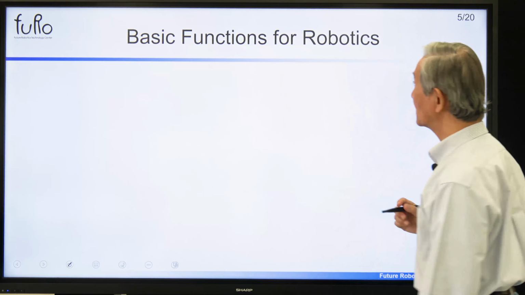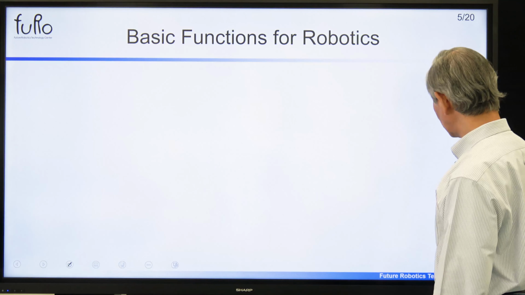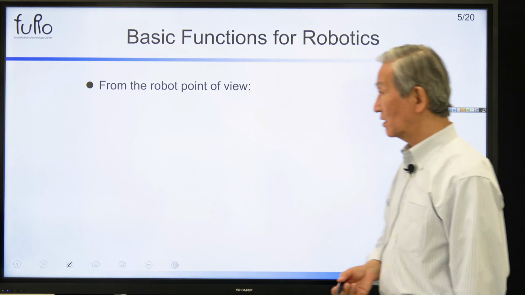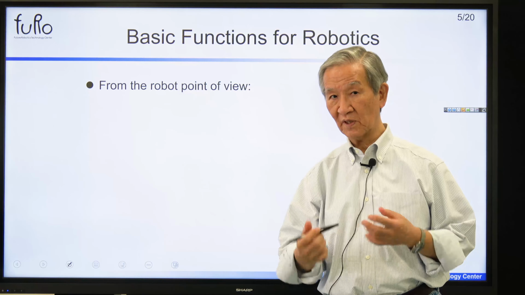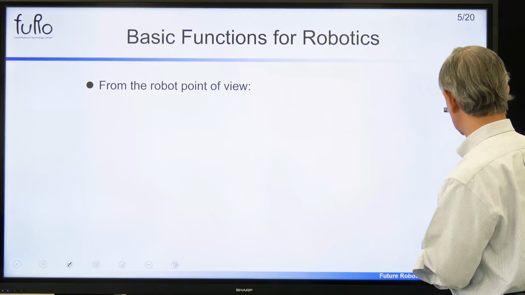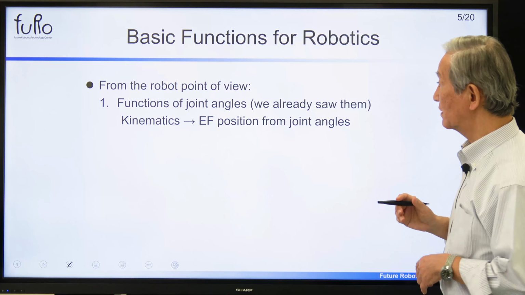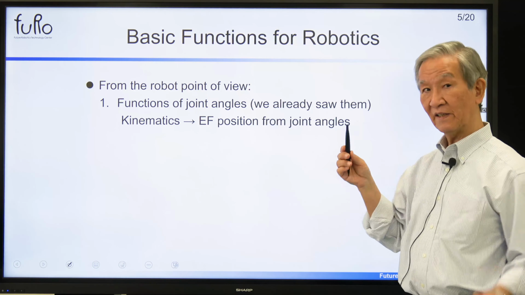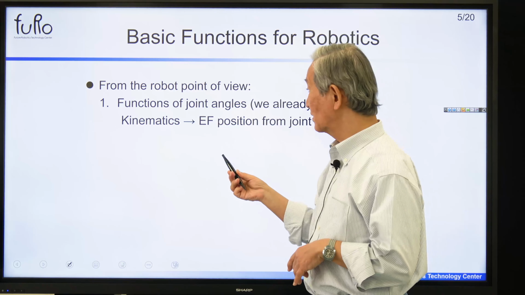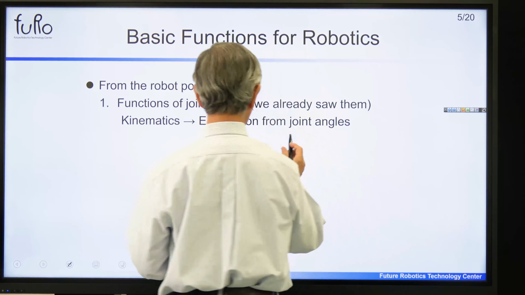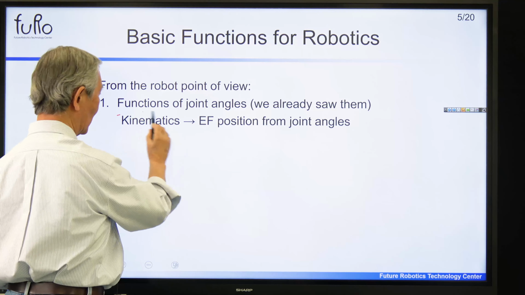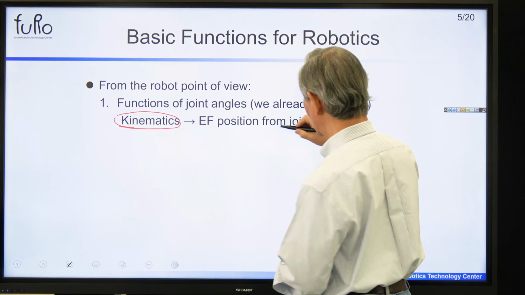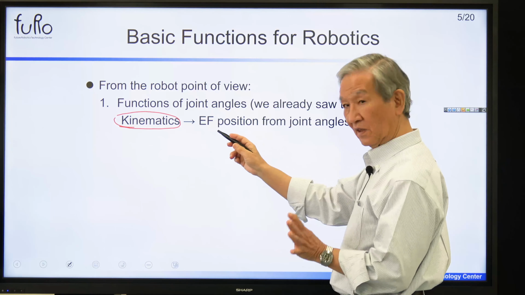Okay, basic functions for robots. There are many different functions, but from the robotics point of view, there are two major ones. One of them is the functions of joint angles. We already saw this in the two-link manipulator. What it amounts to is the thing called kinematics, from joint angles to end effector positions.